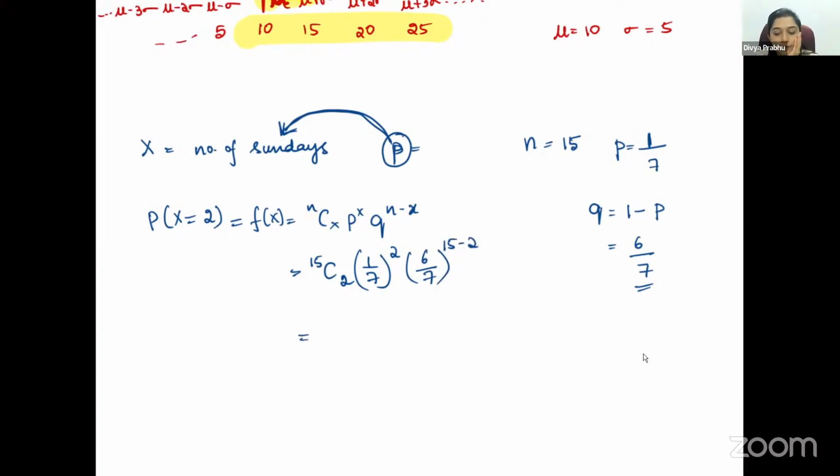Quick, quick, quick. 15C2 into 1 by 7 to the power 2 into 6 by 7 to the power 13. Get me the answer in decimals. Let's see who is going to get it first.